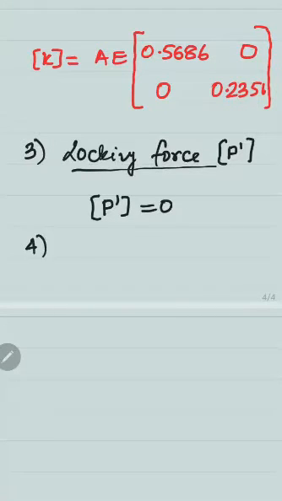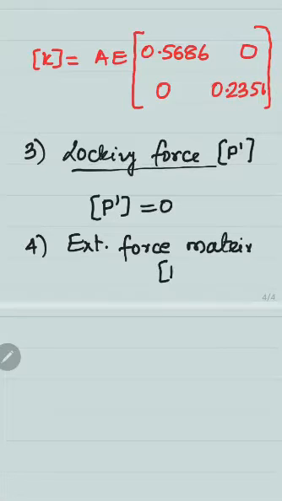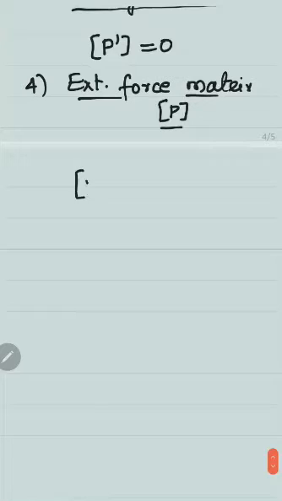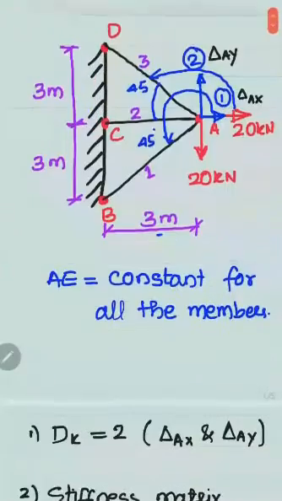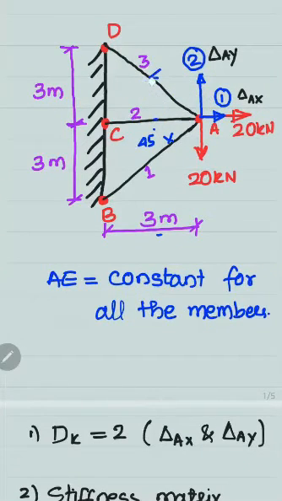Next step, the external force matrix. This external force matrix is the P matrix. That means the external force along coordinate number 1 and the external force along coordinate number 2. I have a coordinate 1 here, and along this coordinate 1 you have a 20 kilonewton load.